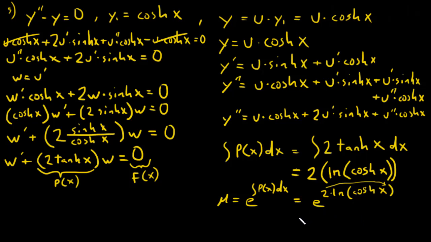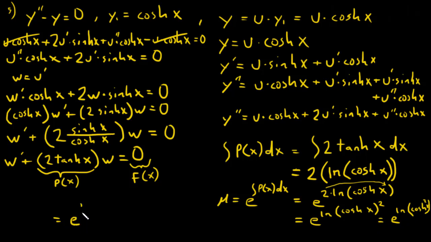So this is equal to e to the natural log of hyperbolic cosine of x quantity squared. Alrighty? And in return, that's equal to e to the natural log of hyperbolic cosine squared of x. Let me write that over here.